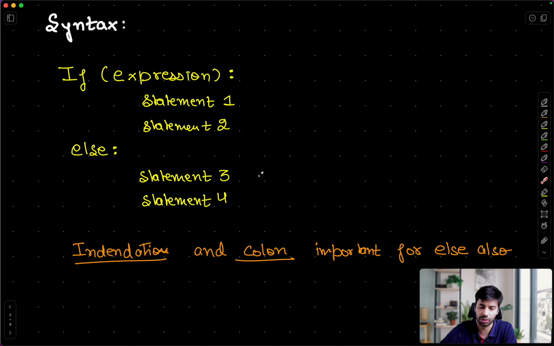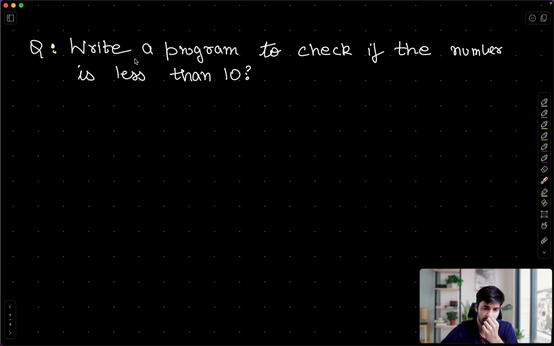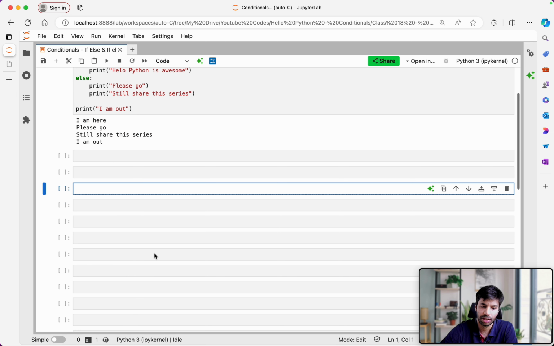Now let us go to the notes again and do this question: write a program to check if the number is less than 10. Let us do this quick question, and I'm going to paste the output here so that you understand. Let us first get the number as int, I'm just casting it to int. Enter a number, right?